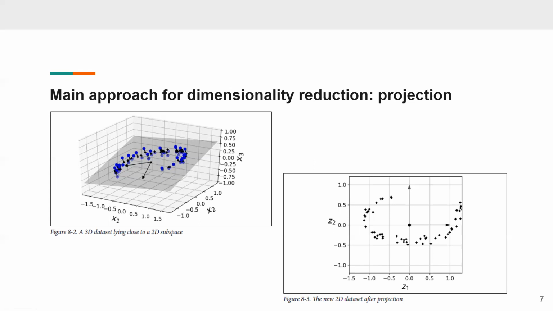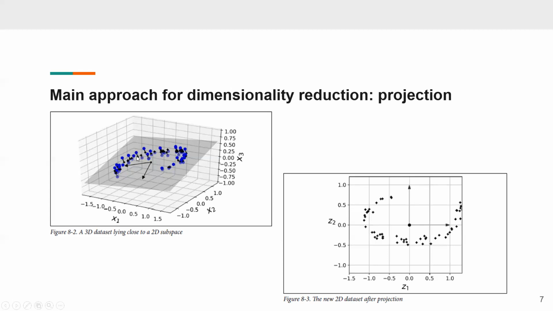One way that we can simplify this problem is to do a projection onto that gray plane, which is defined by two axes, one of them being this, the other one being this. If you project this point onto this hyperplane, it results in this point.